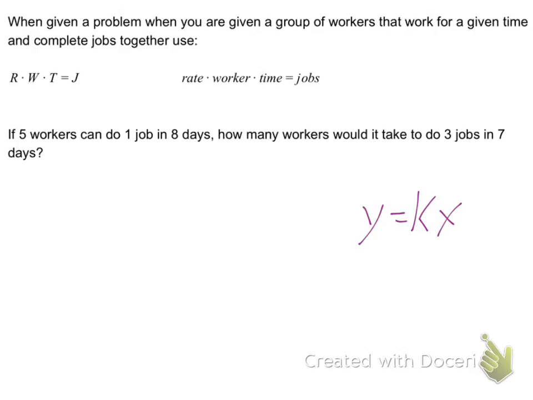And that constant of variation never changes. The same thing will happen here with these problems. Your workers on a job site might change. The amount of hours that they work might change. The number of jobs that they get done might change. But what won't change is the rate at which they will work.